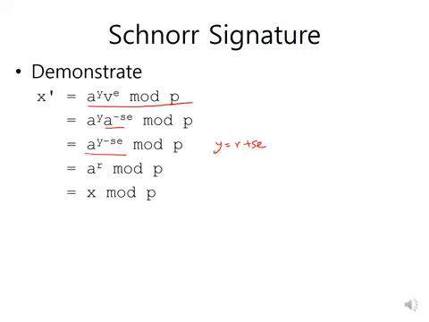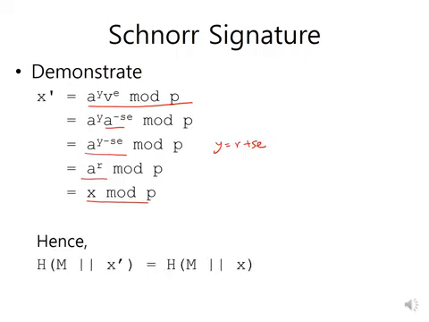So the result will be a to the r mod p, and this will be equal to x mod p. So now we demonstrate h of m and x prime will be equal to h of m and x. So this is the demonstration procedure of the Schnorr digital signature.